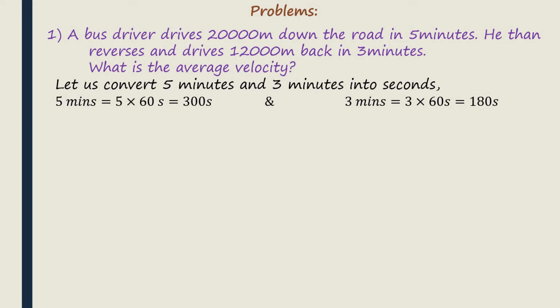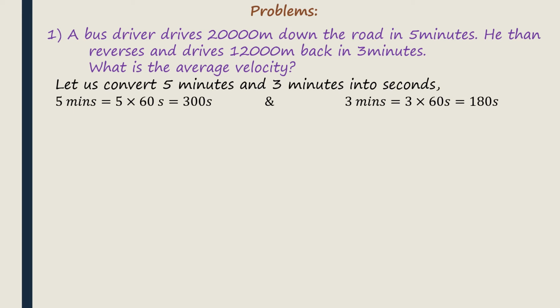We can write it in meters per minute, but it is actually advised that we convert the minutes into seconds and then write it as meters per second. Whenever something is given in such other units, we first convert it to a standard unit and then write it in our answers. So let us convert 5 minutes and 3 minutes into seconds.